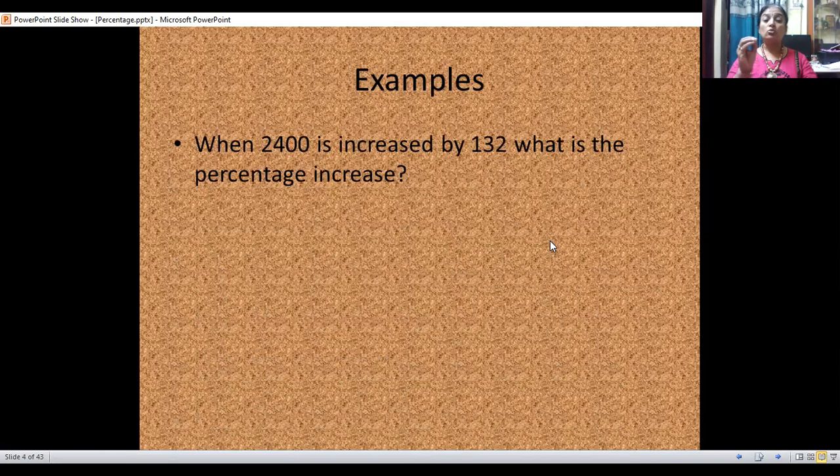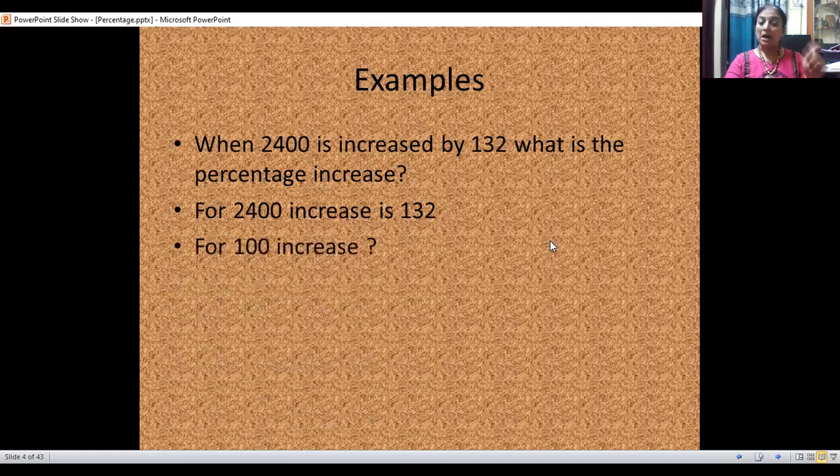When 2400 is increased by 132, what is the percentage increase? Here 2400 increases by 132. Percentage means we have to calculate for 100. So for 100, how much increase?